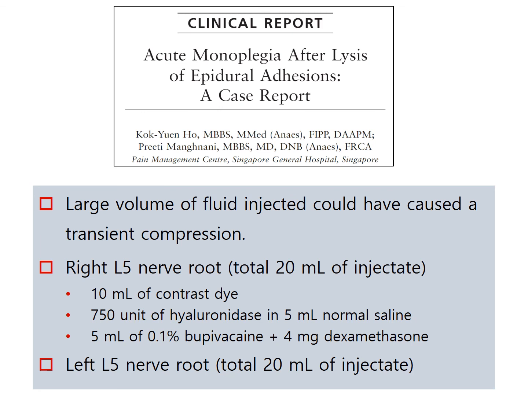The patient could finally be discharged 3 weeks after the procedure. Total 40 milliliters of fluid was injected during the neuroplasty. This neurologic complication was thought to have resulted from the large volume of fluid injected.